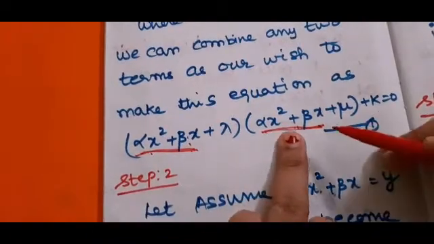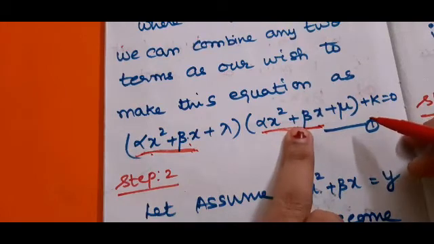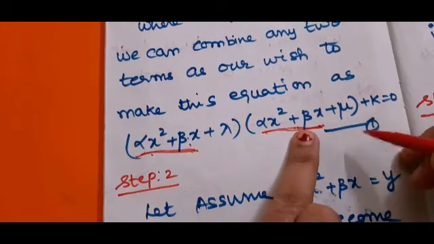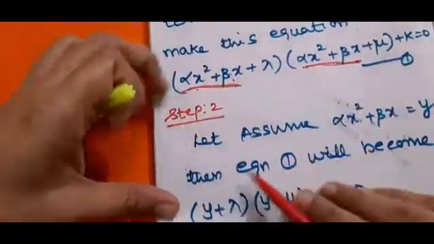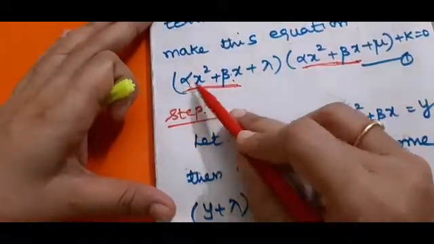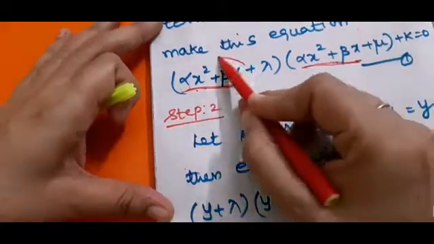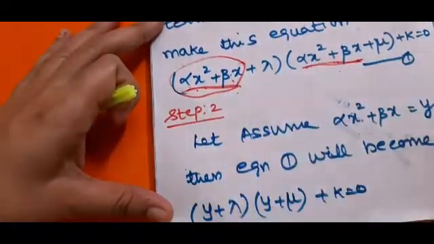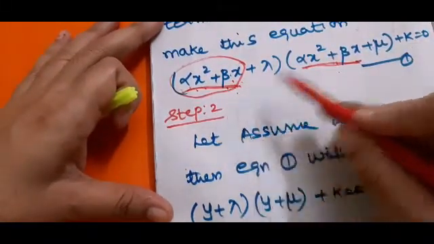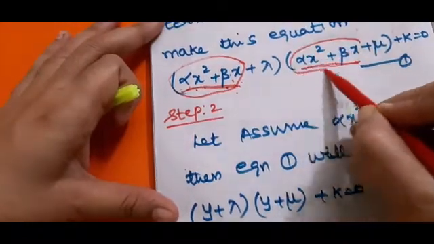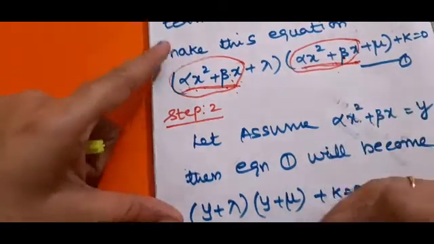So this is the main rule in solving the partly factored polynomial. Step 2: here αx² + βx is the same in both, so this part alone I am going to consider as some constant, y, or whatever you want to take.